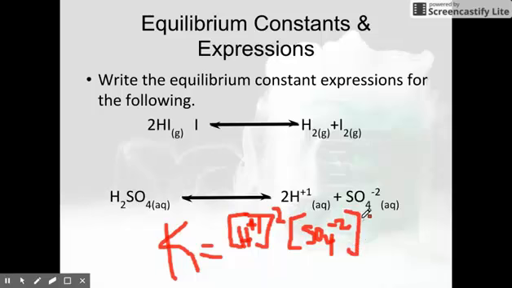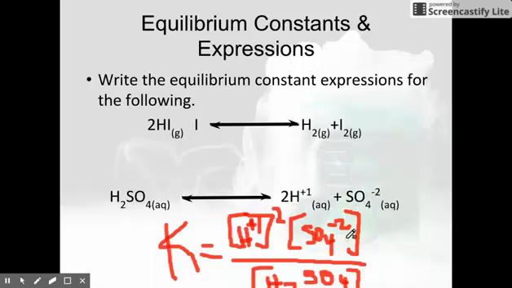And its coefficient is just a 1, so 1 on the outside there. All divided by my reactant, which is sulfuric acid. And its coefficient is 1 again. So that would be my expression for the second reaction.